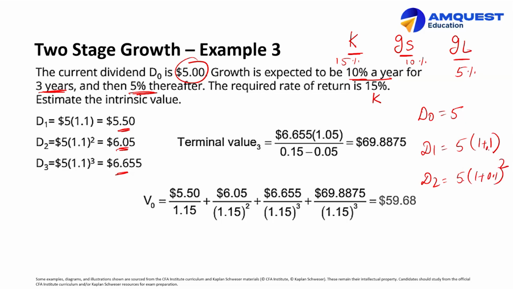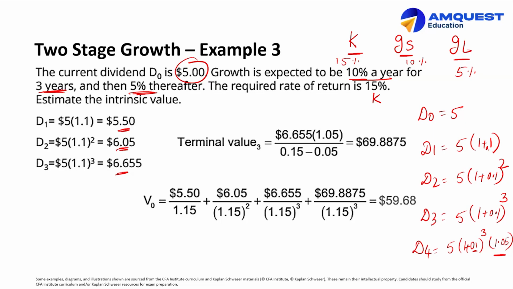D3 will be today's dividend multiplied by 1 plus 0.1 raised to 3. D4 is going to be 5 multiplied by 1.1 raised to 3 and then 1.05 से multiply करना है because 3 साल तक it will grow by 10%. So 1 plus 0.1 and then उसके बाद it will grow at 5% thereafter.